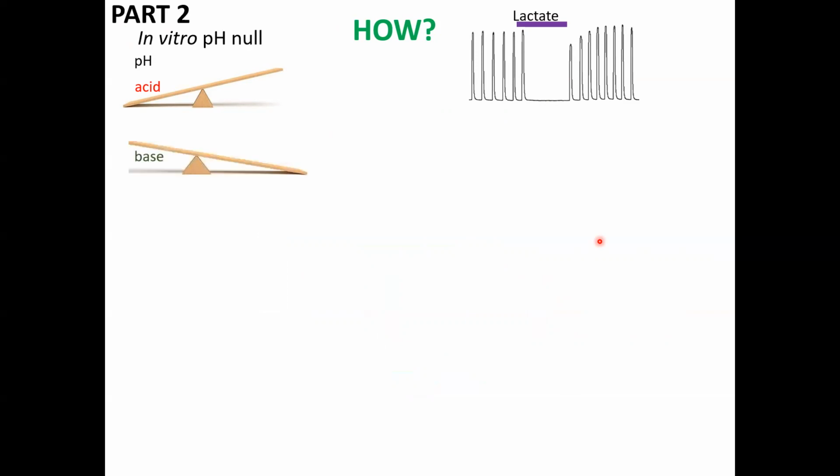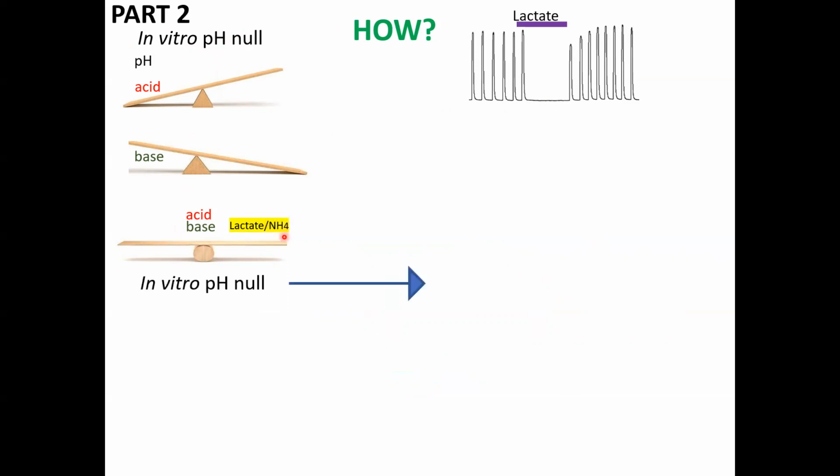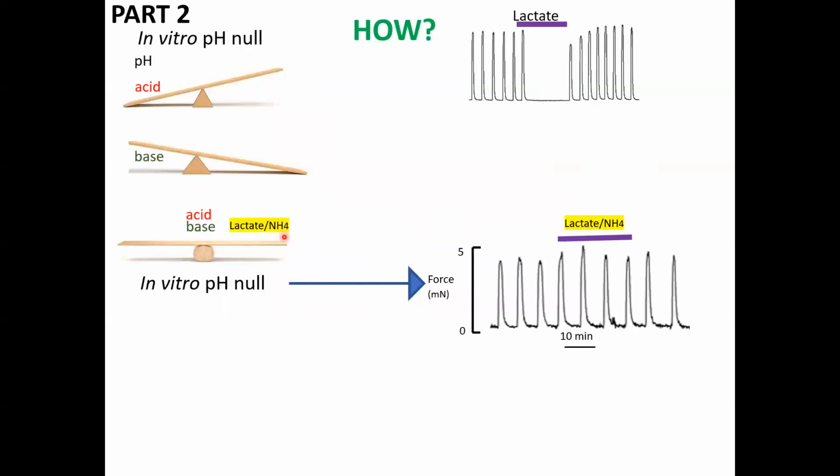How's that happening? Well, I've said it's a weak acid. What happens then if we do a pH null? If we add a weak base to counter the acidity of the weak acid, so we null any pH change, in this case by adding ammonium chloride. What will now happen when we add lactate to the myometrial strip?